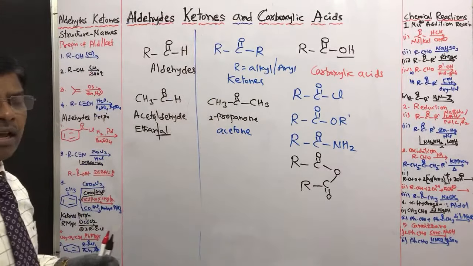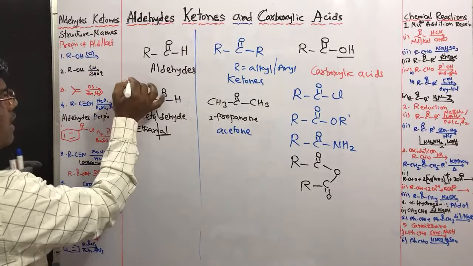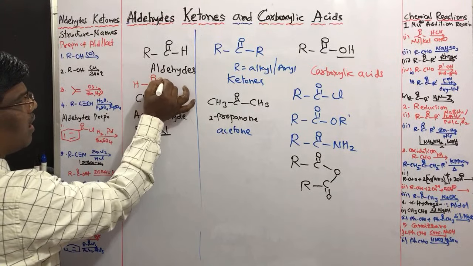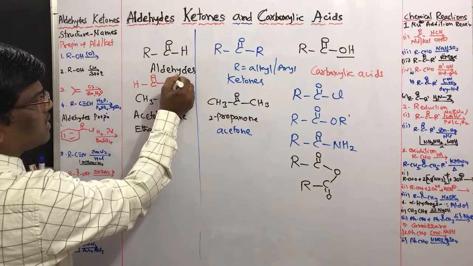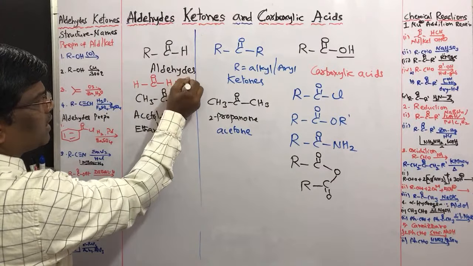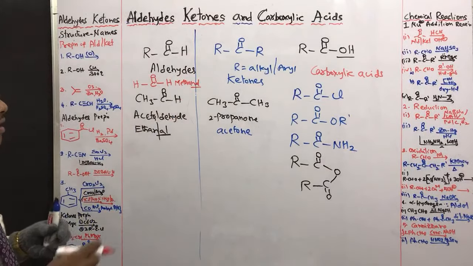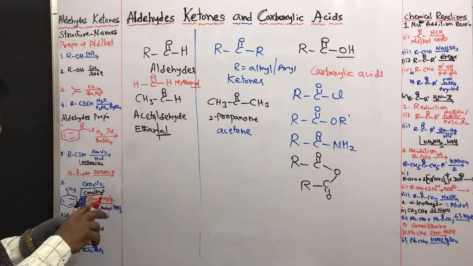So the common aldehydes or ketones we come across are here. The starting one-carbon aldehyde is formaldehyde. Its IUPAC name is methanal. And the 2-carbon aldehyde is acetaldehyde.